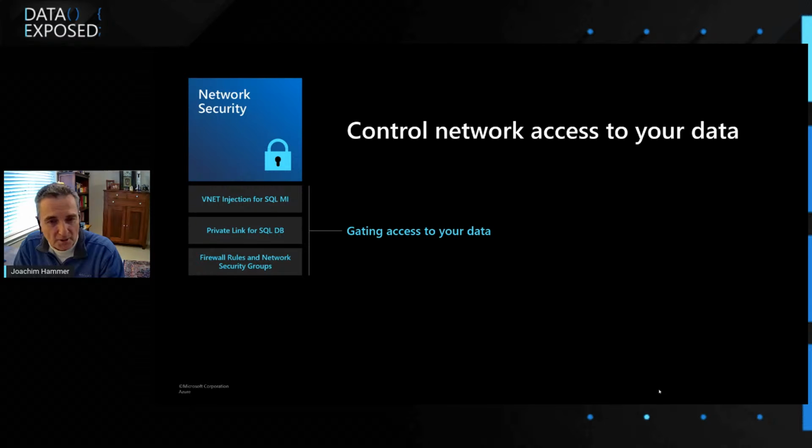Or the ability to create network security groups. So these are all investments we're making to help protect access to data from a network perspective. We talked about it earlier from an authentication and authorization perspective. So again, here you can see complementary controls coming into the picture.